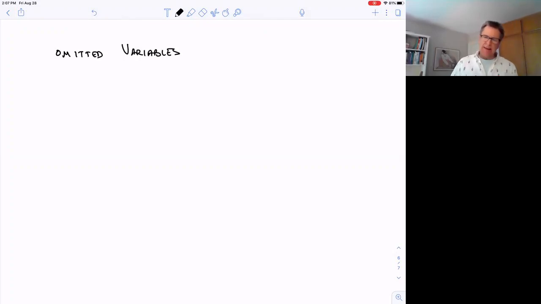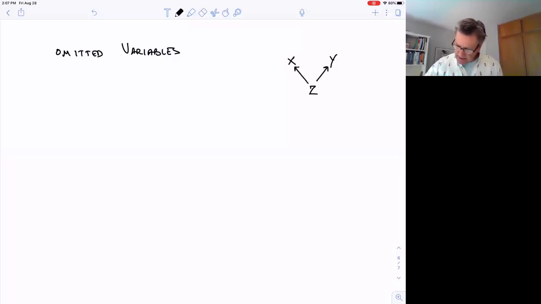So it might be that X and Y are positively correlated, but there's some other variable. We'll call it Z that we didn't think about or include in our research that affects both of them. So Z affects Y and Z affects X. So when Z goes up, Y goes up, and when Z goes up, X goes up.